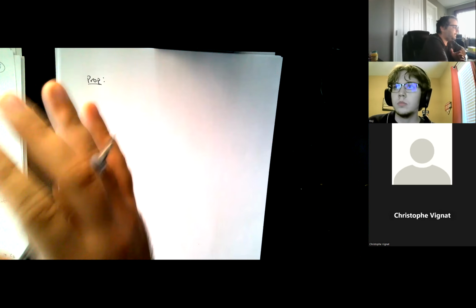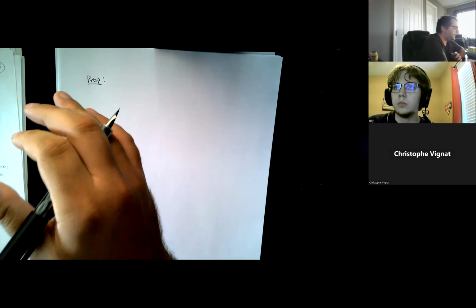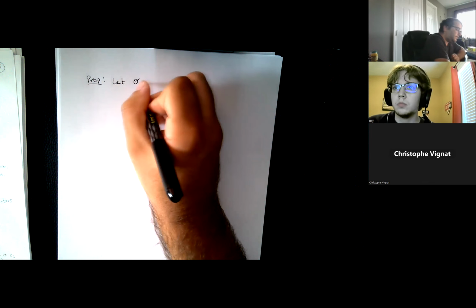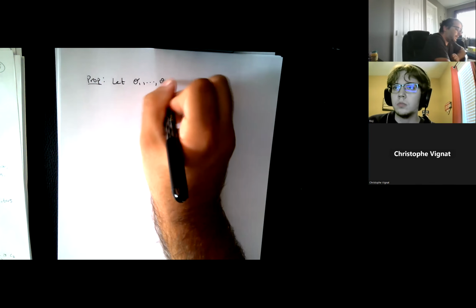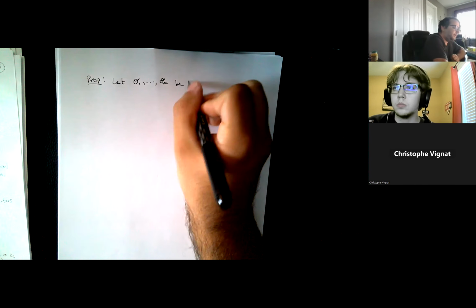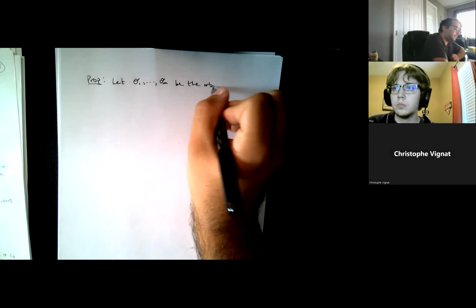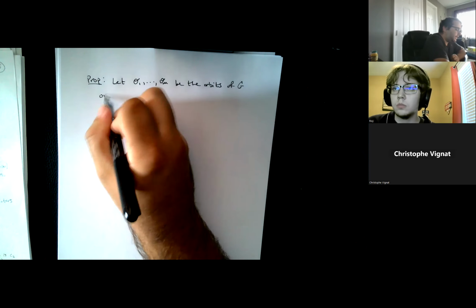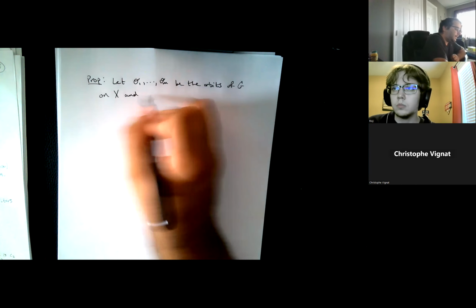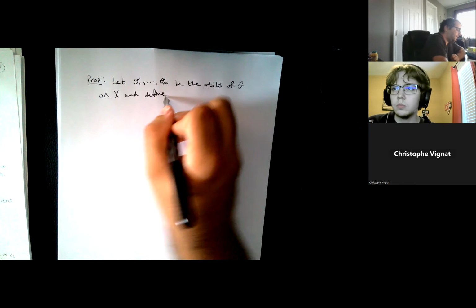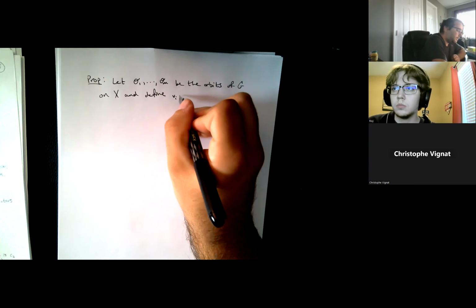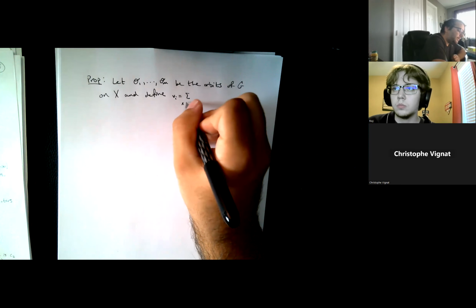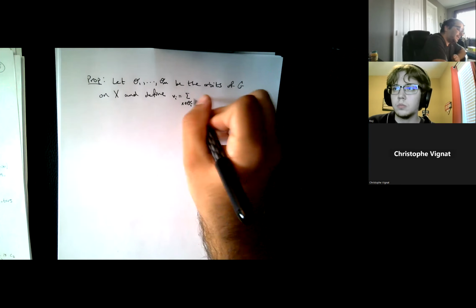So let's let sigma be a group action again. And we'll let O1 through OM be the orbits of G on X, and define Vi to be the sum over all the x in the ith orbit.